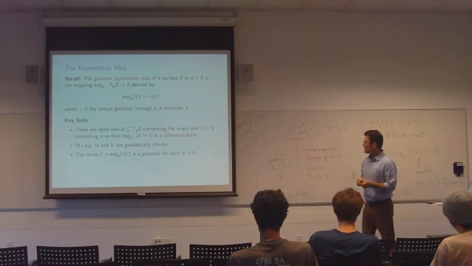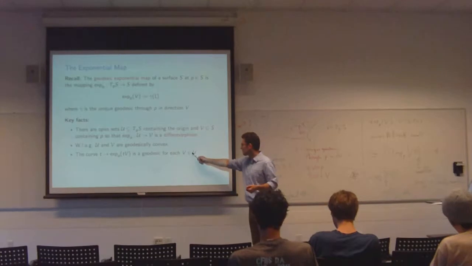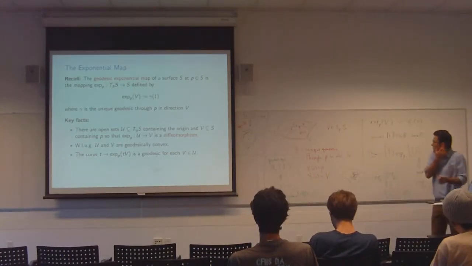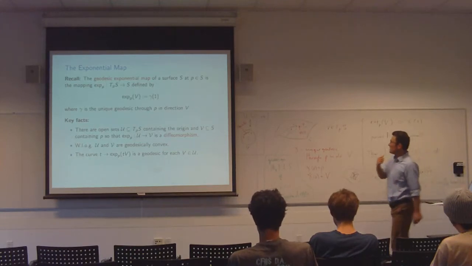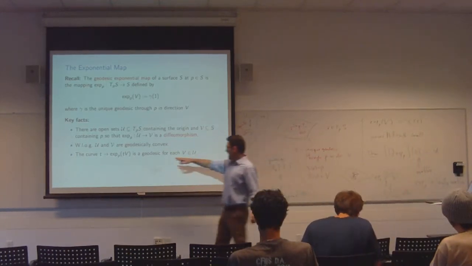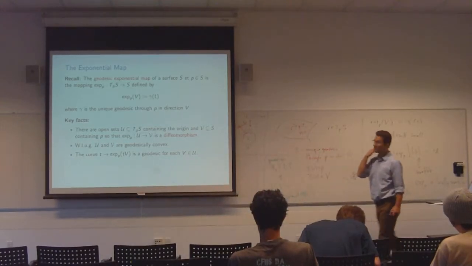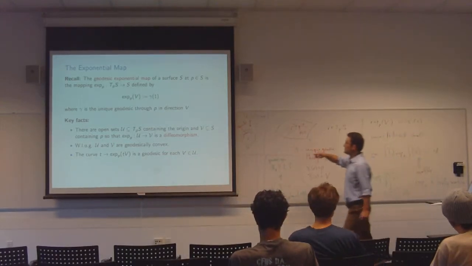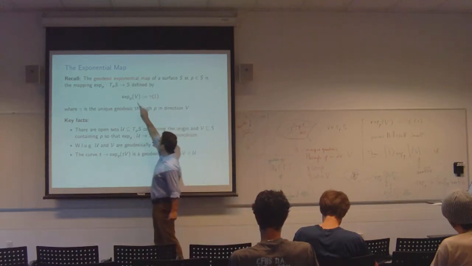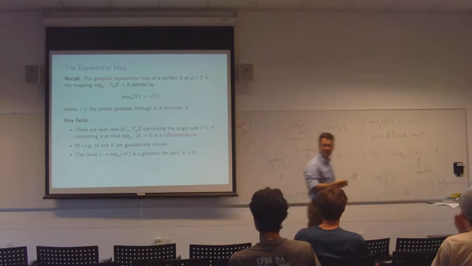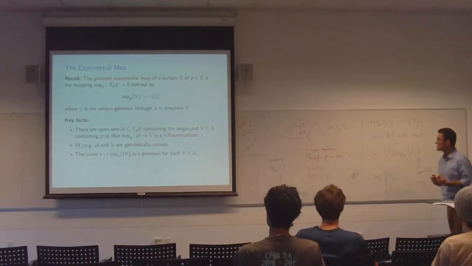And another simple fact, this is not a complicated thing, is that the curves, t maps to x of tv, they are geodesics. This is more or less by construction, right? If I put t up here, it's basically the same as putting in t there, again by existence and uniqueness of ODEs. It's the same curve.